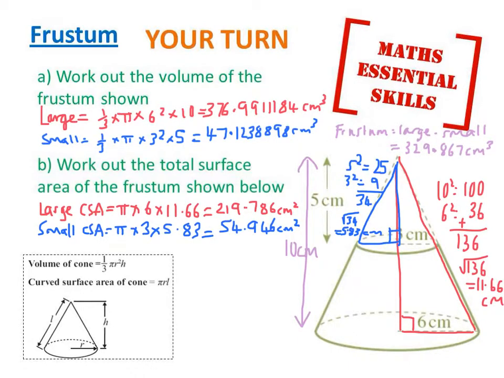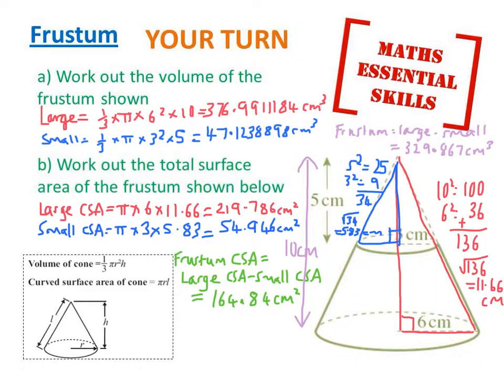As you'll see here, I've had to do Pythagoras on the small triangle to work out this diagonal length. Then when I substitute that into my curved surface area formula, pi times radius times diagonal length, I get the curved surface area of the top cone. Just like before, I'm going to do the large take away the small, and that will give me this curved surface area of the frustum.